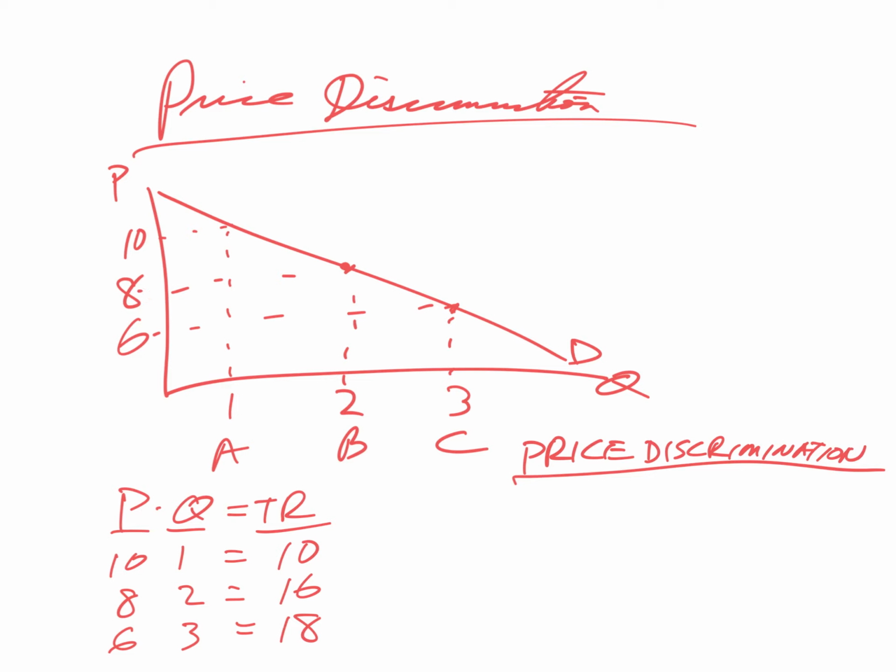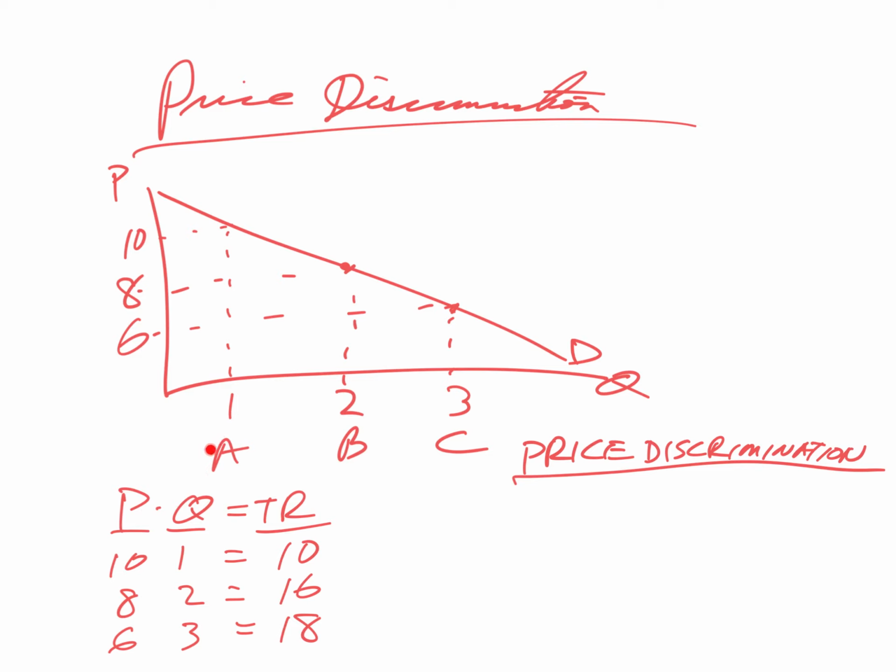The only way they can get B into the market without price discrimination is just to lower the price to 8. And A's willing to pay 10, but he gets to pay 8 when they lower the price to 8 to sell 2.